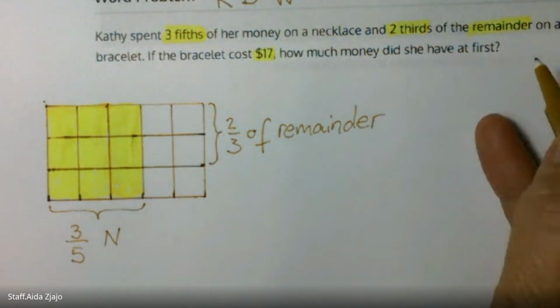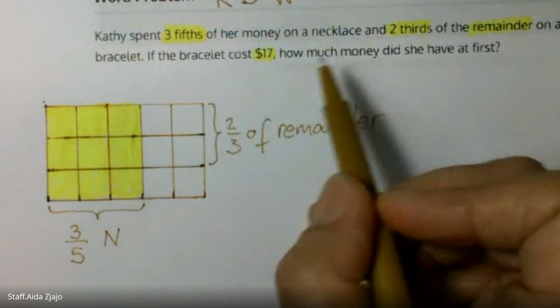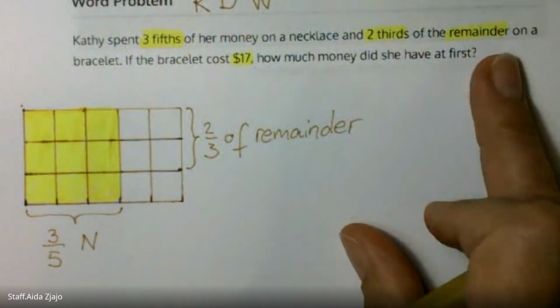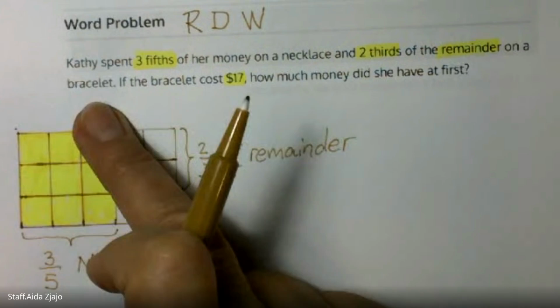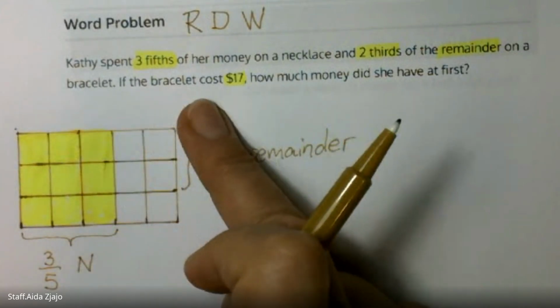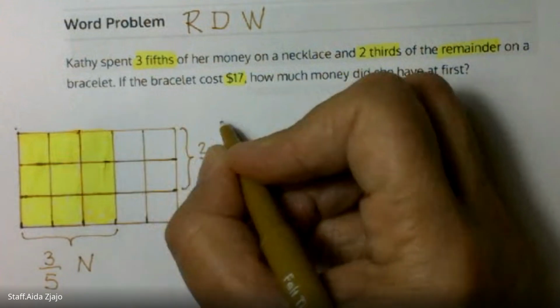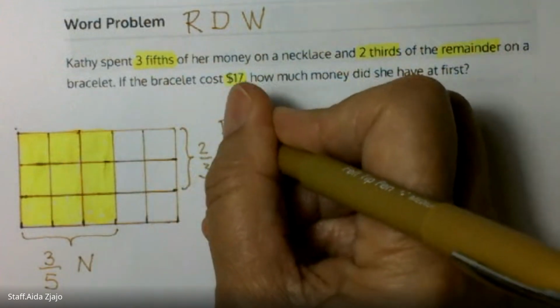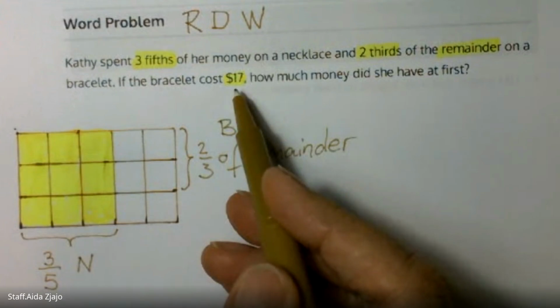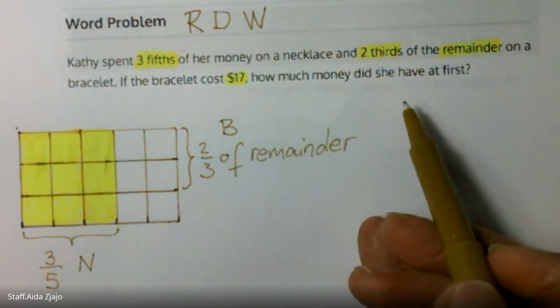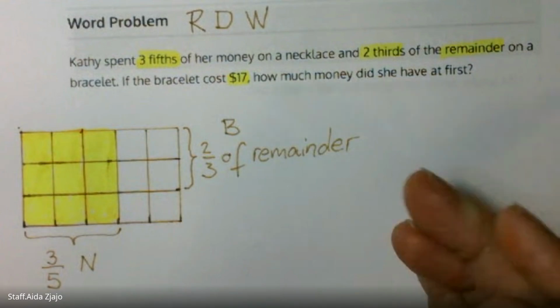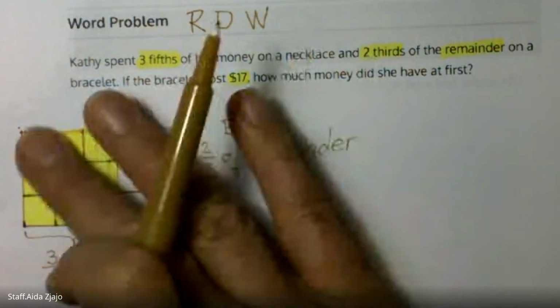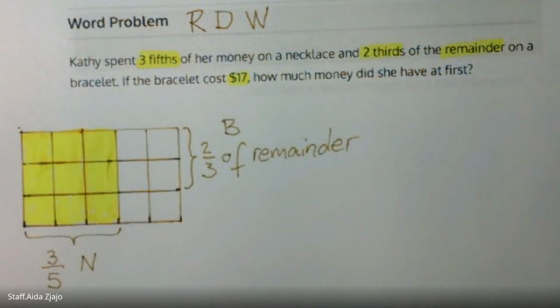Okay, the story says that she spent 2/3 of the remainder on a bracelet. I will label B for bracelet. If the bracelet costs $17, how much money did she have at first? So we need to know the total of the money.